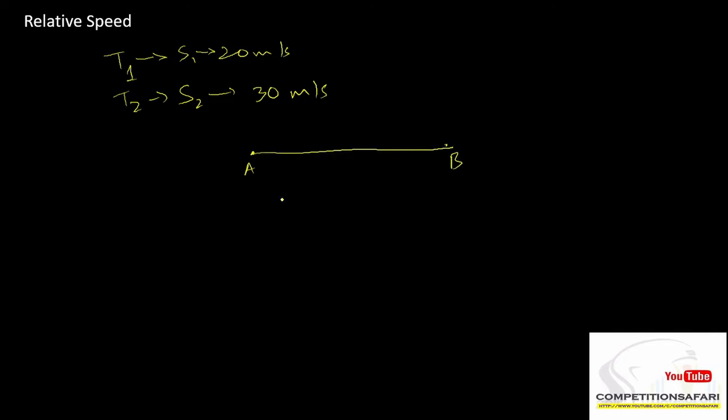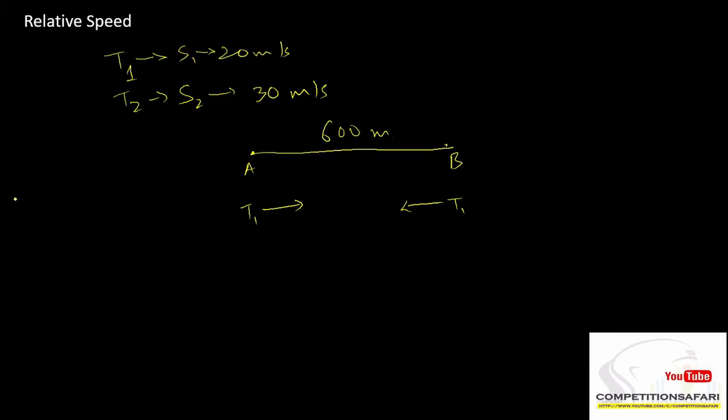So you have train 1 traveling at a speed of 20 meter per second, and you have another train 2, traveling at a speed of 30 meter per second, between two destinations A and B. Train 1 is moving towards B and train 2 is moving towards point A. And the total distance between A and B is 600 meters.